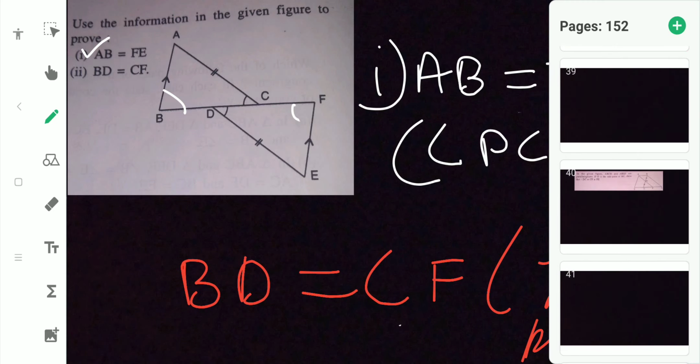So let us go on to the next question. The question is on your screen, the last question. Here a figure is given again, and ABCD and ABEF are parallelograms. ABCD, so this one, and ABEF, so these two are parallelograms.